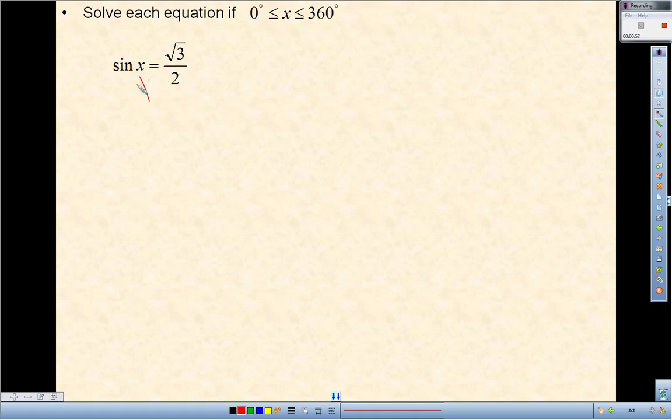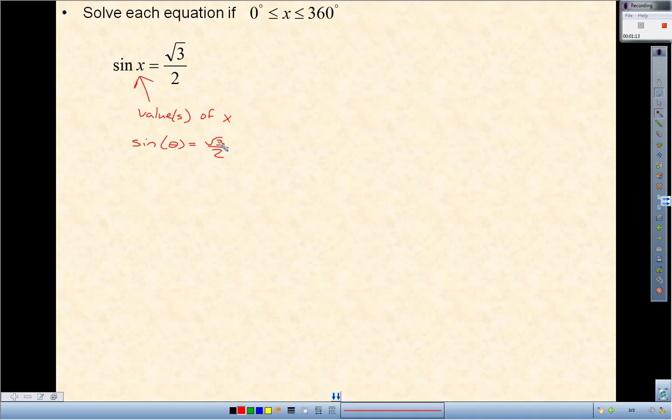In other words, we want to find what values of x would work, that if we found sine of that value, it would give us the square root of 3 over 2.